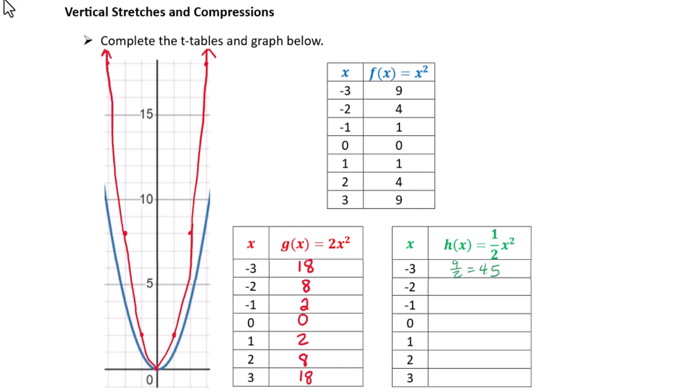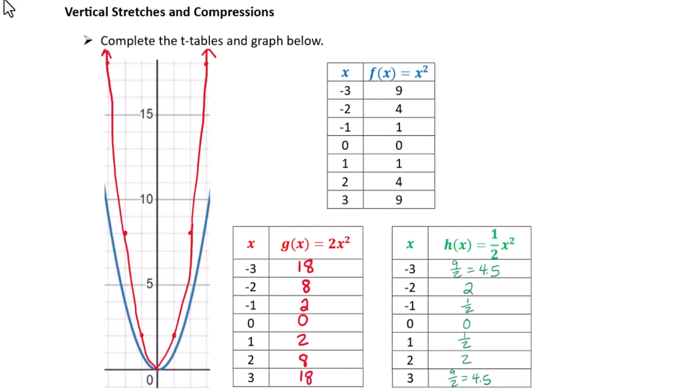If I put in a -2, I'll get a 4 out, but then I take that times half and I get 2. If I put in a -1, I'll get a 1 out, but then I take that times a half, I get a half. Put in a 0, 0 squared is 0, times a half is 0, and then 1, I get 1/2, 2, 2, and 3, 9/2, or 4.5.